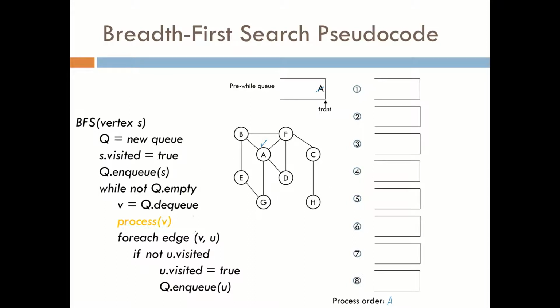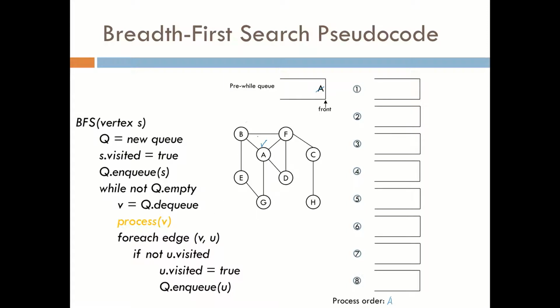And for each vertex that is attached to the vertex we're looking at, if that vertex has not been visited, we will mark it as visited and we will enqueue it. Now, unlike the depth first search where we put things in reverse, we will just use alphabetical order here.